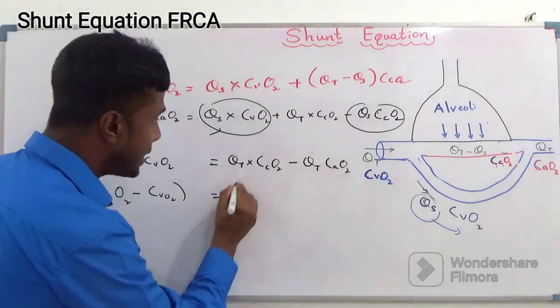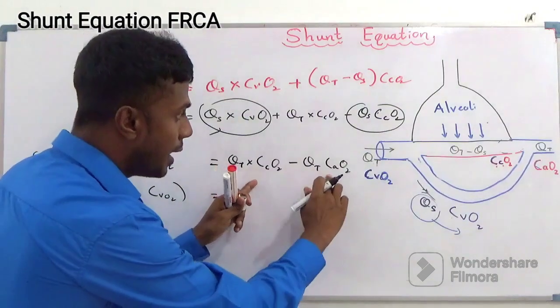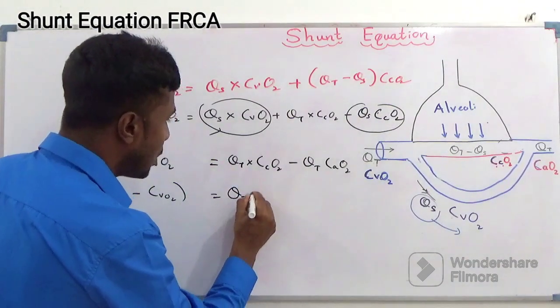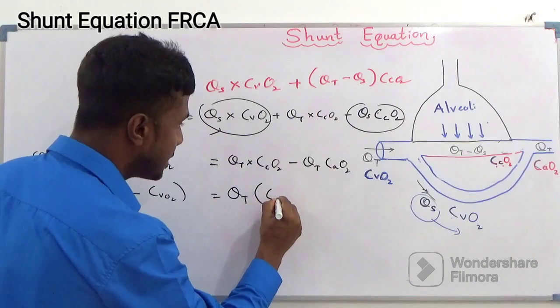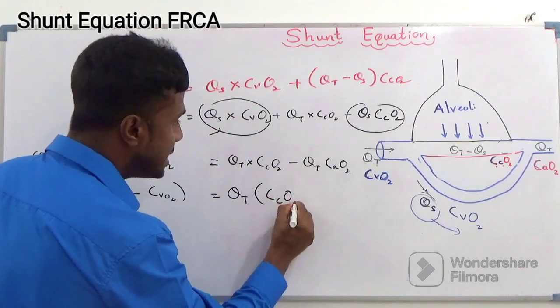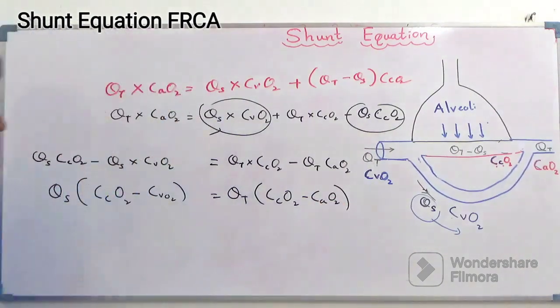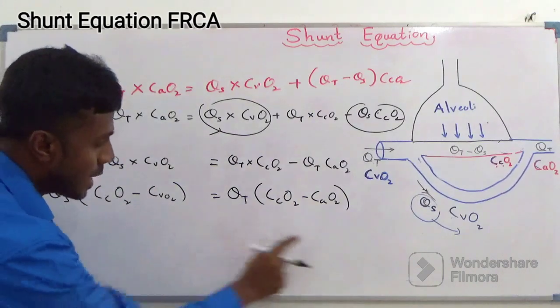Here also I take QT outside, since both parts contain QT. Within the bracket is CCO2 minus CaO2. Now I take QT to this side and this whole part to that side.